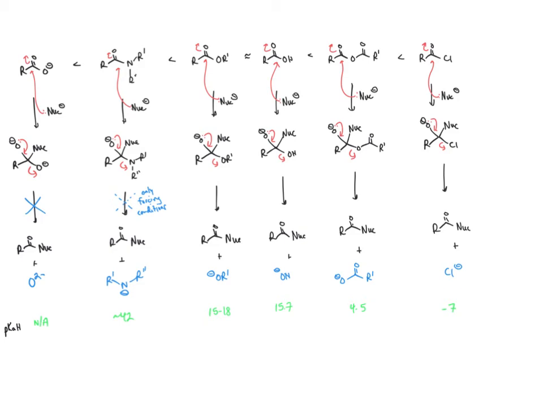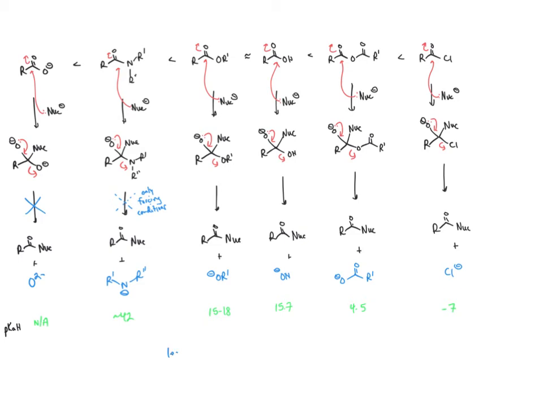And so what this tells you is something about the effect of leaving group ability on the viability of these reactions. What you might notice about the reactivity series is that electrophilicity also correlates with leaving group ability.